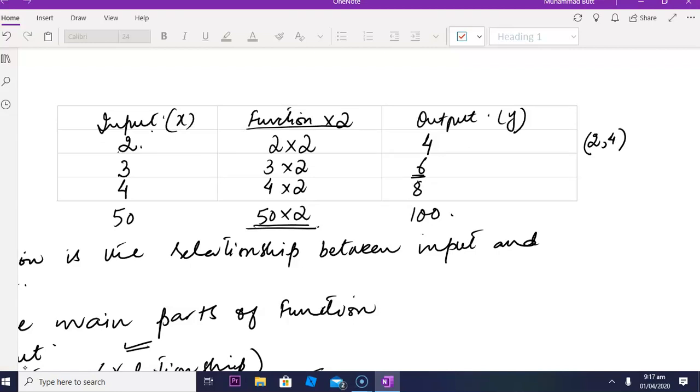So the ordered pair is 2 and 4. When the input was 3, the output was 6. So the ordered pair is 3, 6. When the input was 4, the output was 8. So the ordered pair over here is 4 and 8, and we can draw these ordered pairs on the graph.